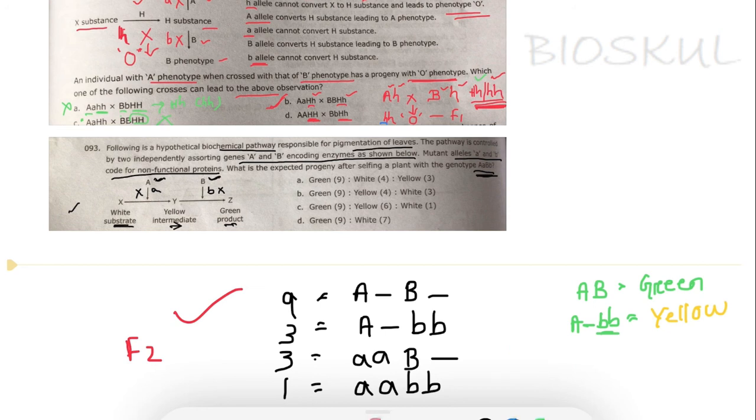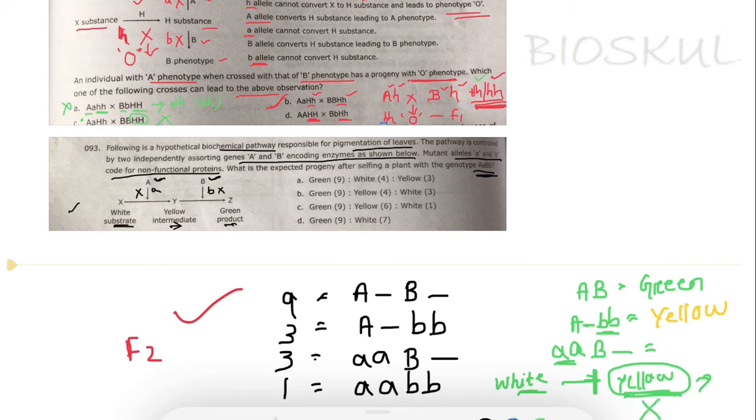Let's look at the other. Here A is mutated, but B is normal, functional. So what will happen? A is mutated, so the white substrate cannot be converted into yellow intermediate. Though the B allele is in functional form, it requires yellow intermediate to convert into green.